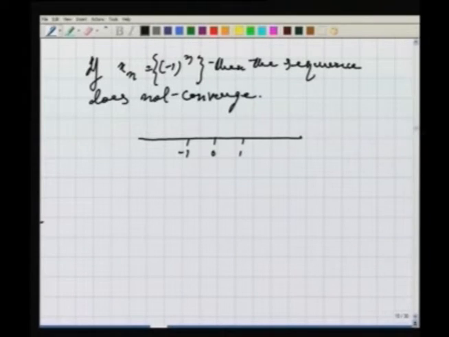What I do is I look at the interval 1 minus 4, sorry, in this case it is -3, and 1 plus 4, in this case it is 5.